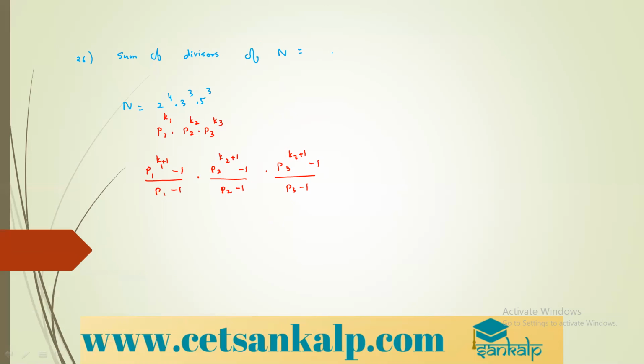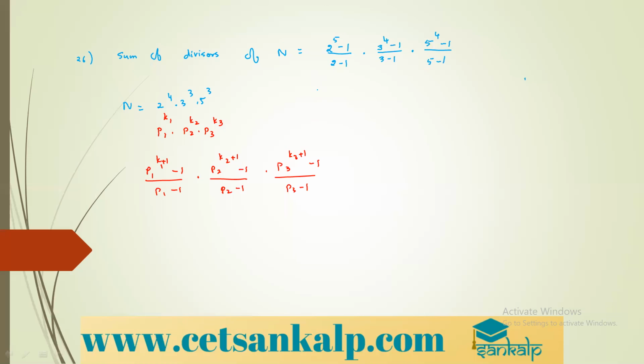So if I use this formula, for P1, 2 power (4 plus 1), 5 minus 1, by (2 minus 1), into P2, that is 3, power (3 plus 1), 4, minus 1, by (3 minus 1), into P3, that is 5, power (3 plus 1), 4, minus 1, by (5 minus 1).